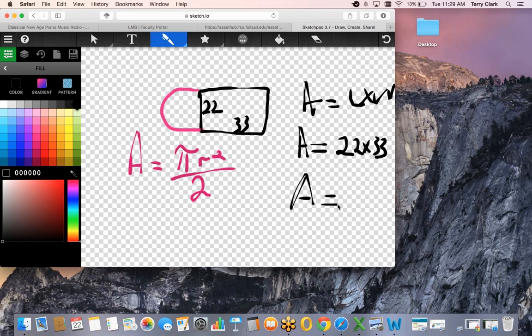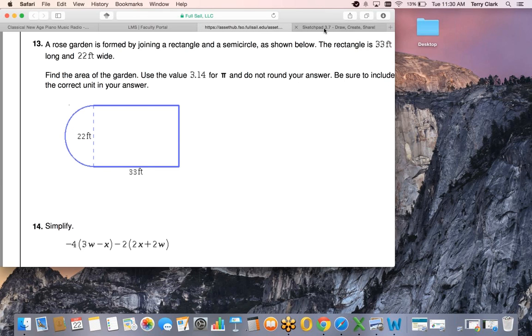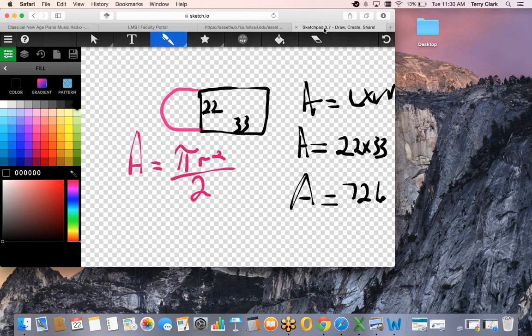And that's going to be 726. Right now, I'm not going to put the unit of measurement, but I know if I don't put the unit of measurement in the end, it's going to get marked wrong. So that's going to be 726 square feet, but I'm just going to leave it like that for now.